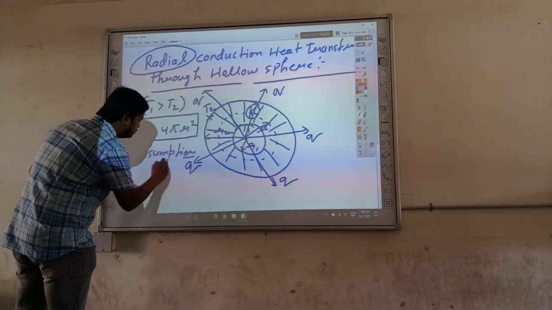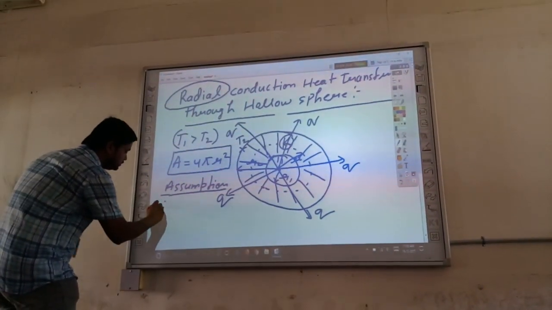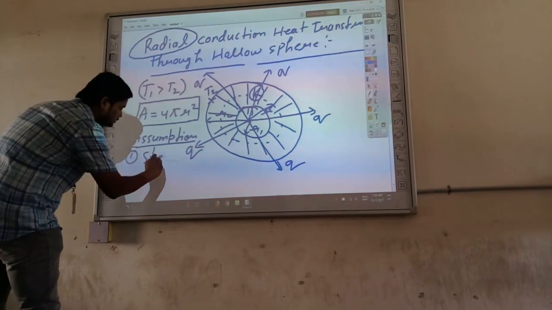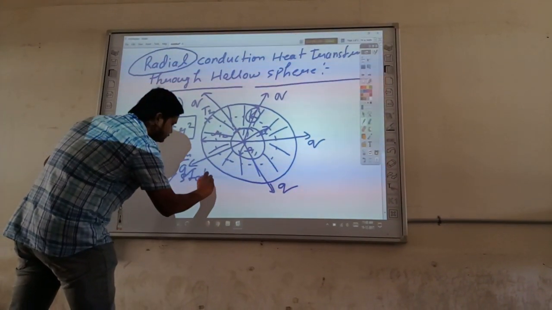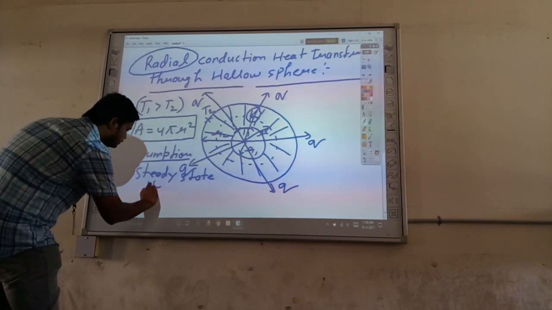That is applicable here. The first one is steady state heat transfer.